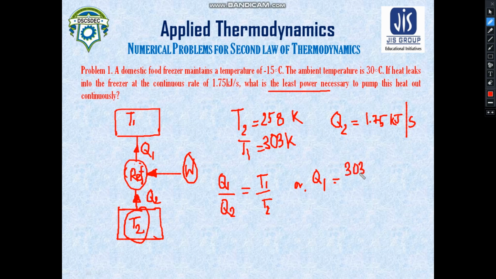By putting the values, it will be 303 divided by 258 into 1.75. After doing the relevant calculations, it will give you 1.65.